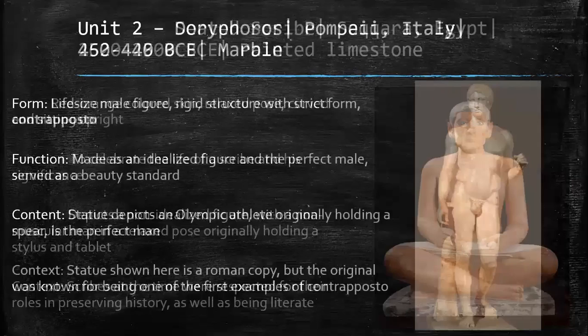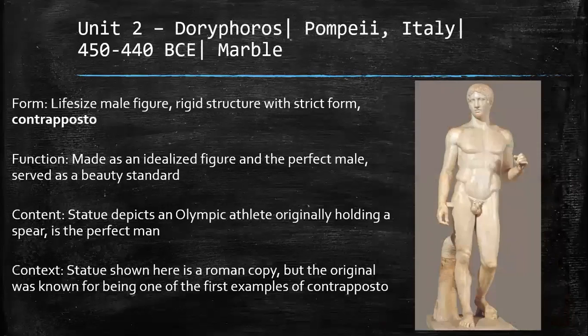But for our second piece, we have the Spear Bearer from Pompeii in Italy. While this one is a Roman copy, it's identical to the original Greek piece, which was made of bronze. Still, this is a direct contrast to the Seated Scribe because it's a completely idealized figure. You have this very athletic white male.